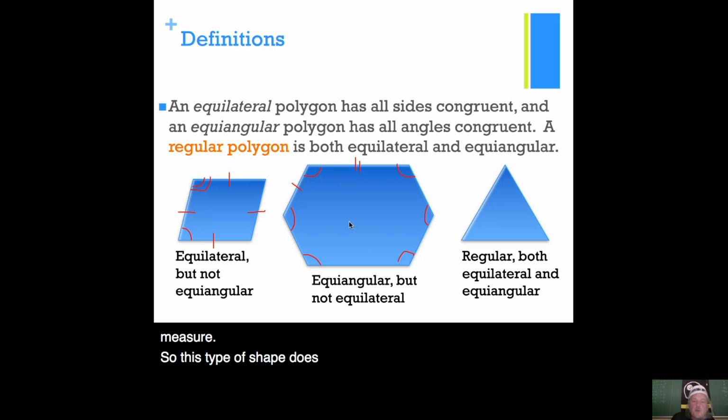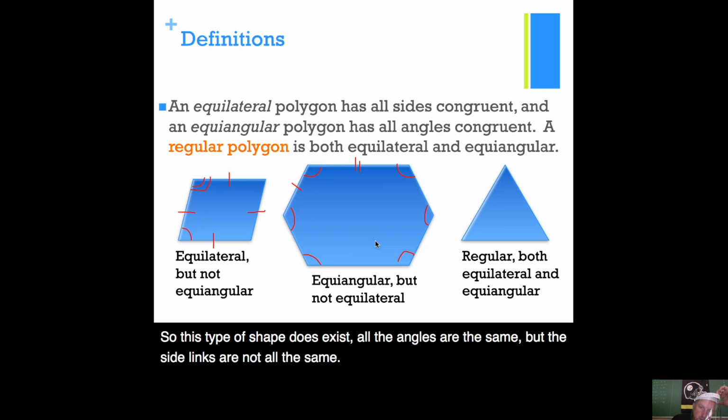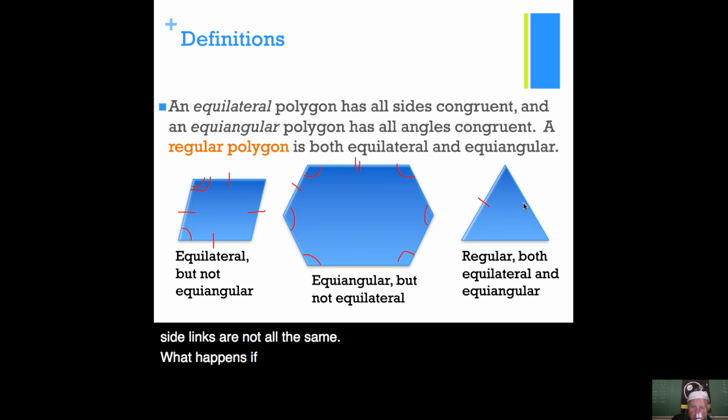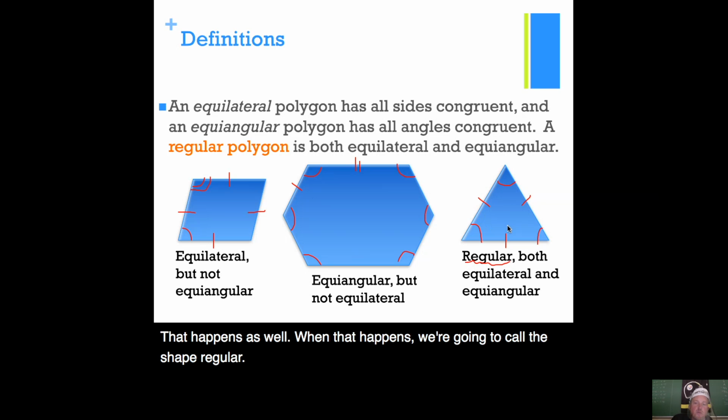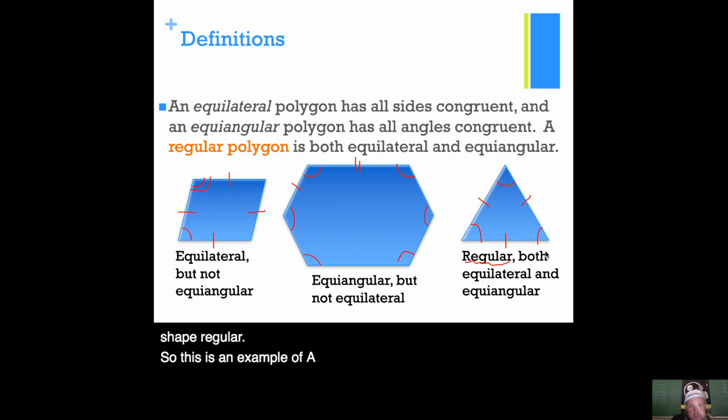All the angles are the same, but the side lengths are not all the same. Well, what happens if it's both equilateral and equiangular? That happens as well. When that happens, we're going to call the shape regular. So this is an example of a regular polygon.